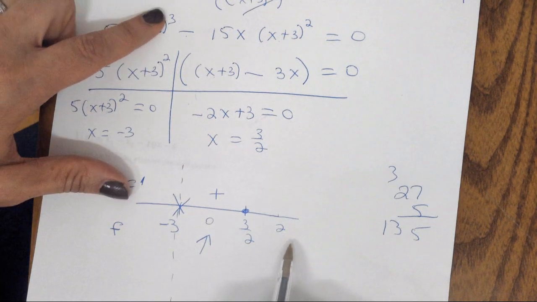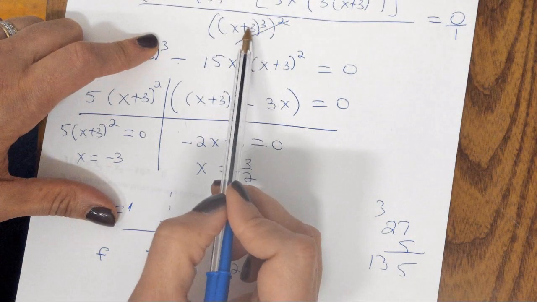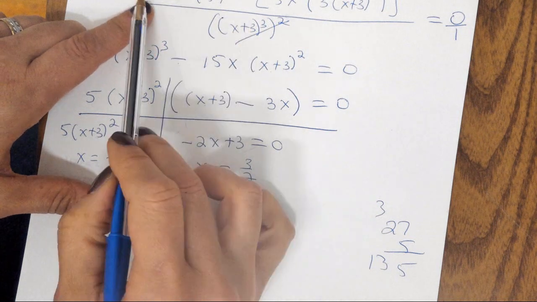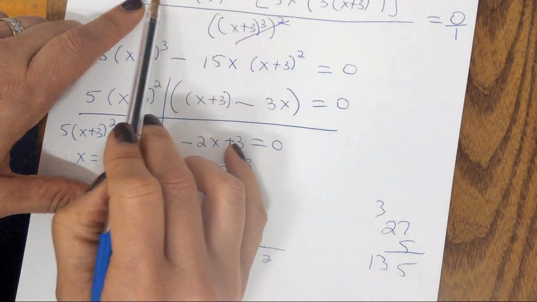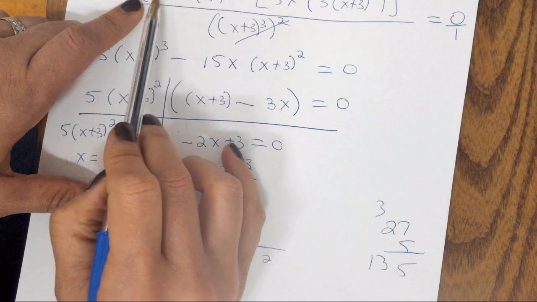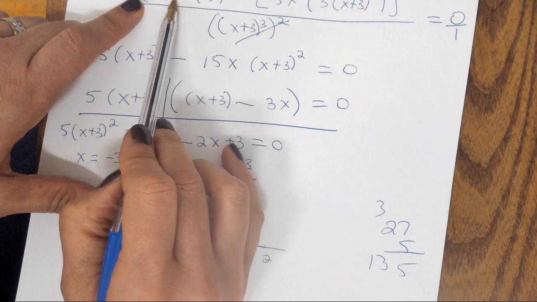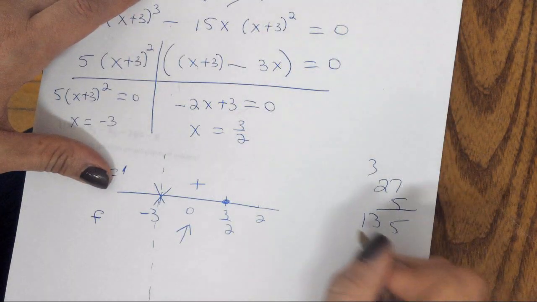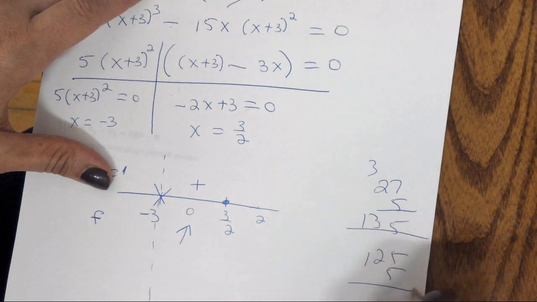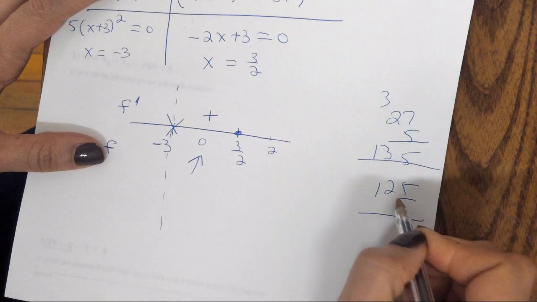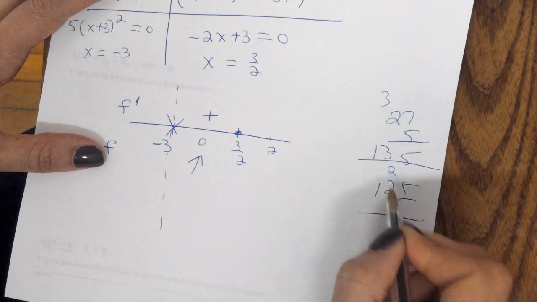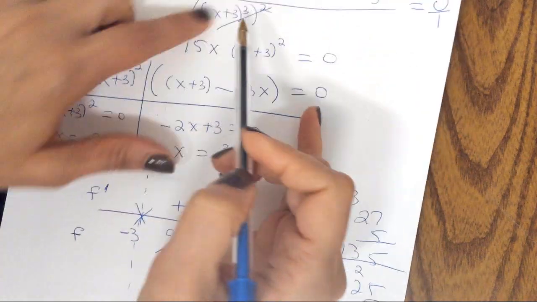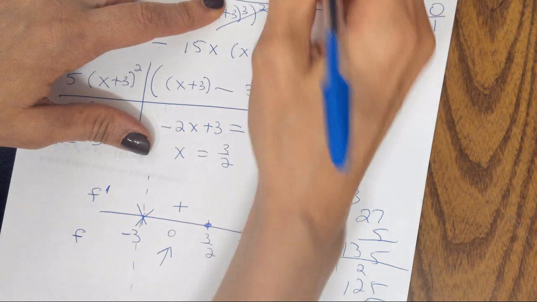And then let's plug in 2. Well, again, if I plug in 2 here, I know my denominator is positive, so I'm not worried about this. Let's plug in on top. So if I plug in 2 here, I get 2 plus 3 is 5 cubed is 125 times 5. And so just in case, you can always just do a sidebar. Right, if you have no calculator, 5 times 5, 25, 10, 12, 5 times 5 and 1 is 6. We get 625 minus, now we plug in 2 here.